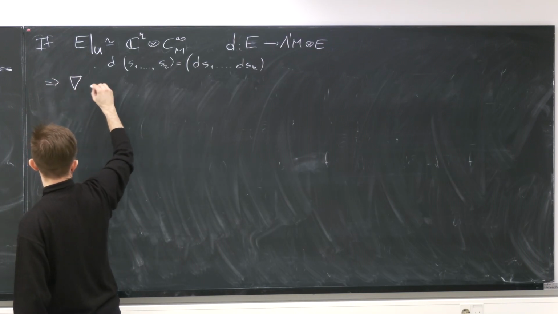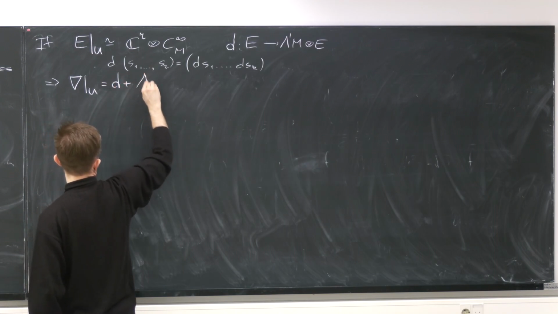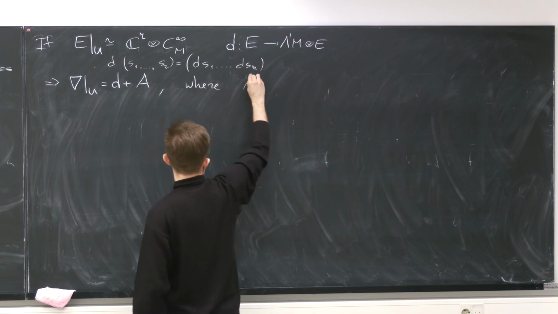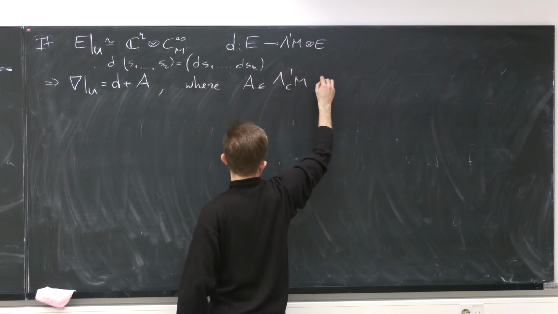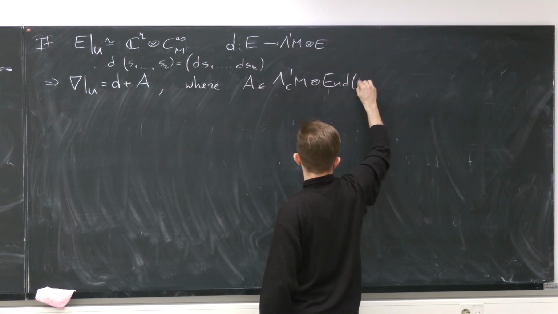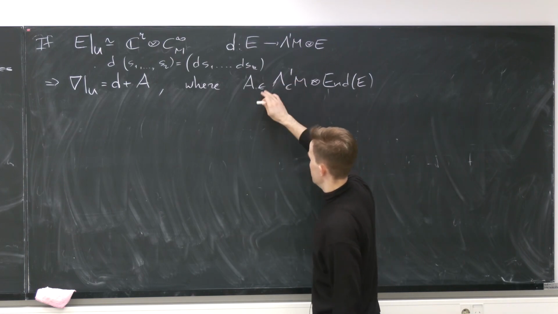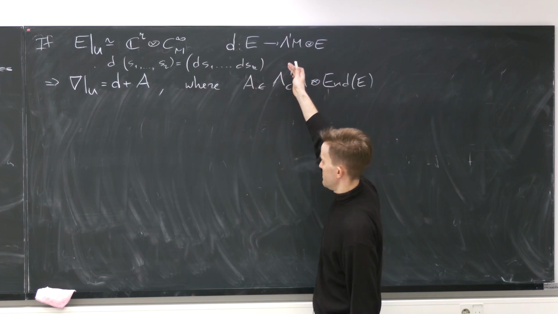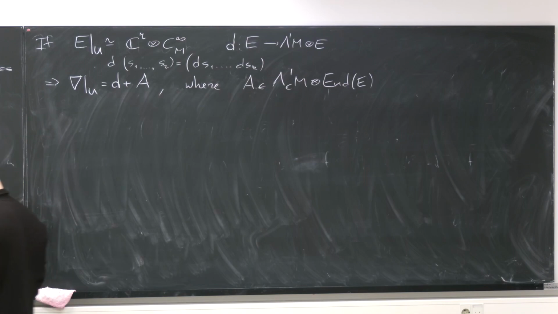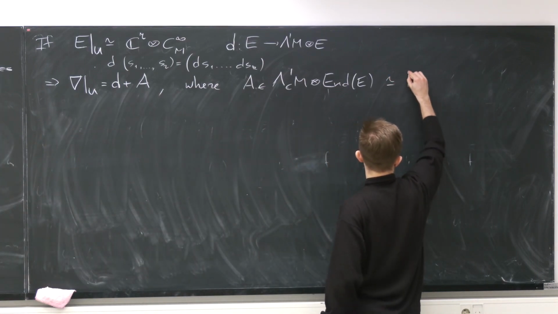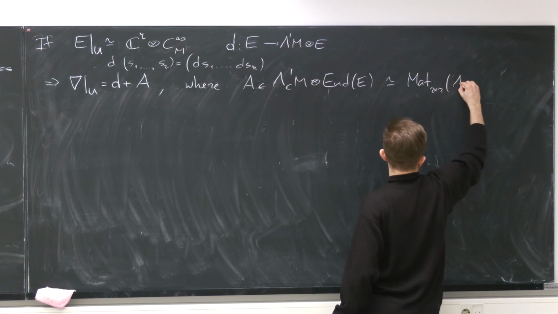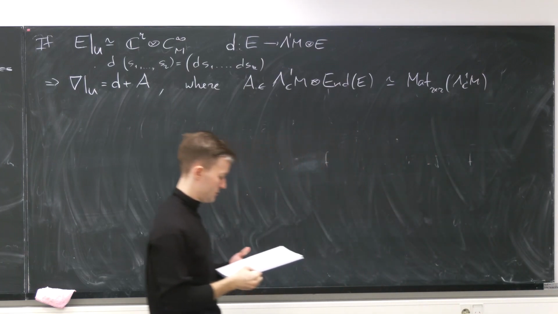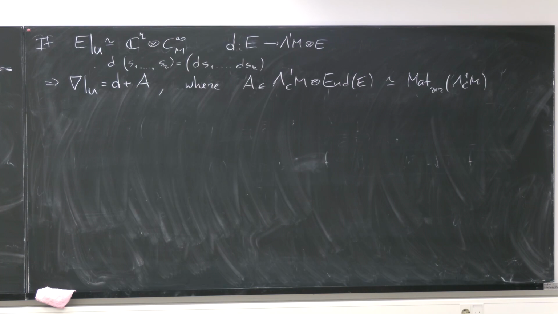So nabla restricted to U will be d plus A, where A is the endomorphism valued one form, or one may think of it as an r times r matrix consisting of one forms. So that's the local expression for any connection.